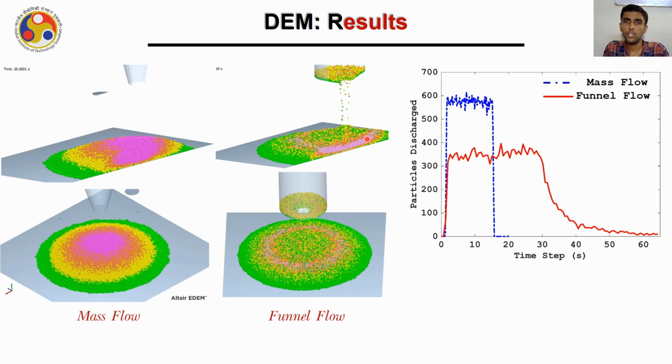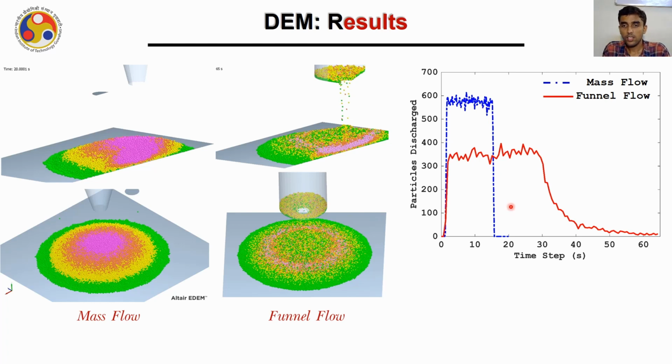This is a very peculiar observation. Again, for mass flow there is a layer-wise discharge, but for funnel flow there is a layer-wise discharge only for the first few time steps, and then later on the discharge becomes more erratic and the degree of mixing is quite high.